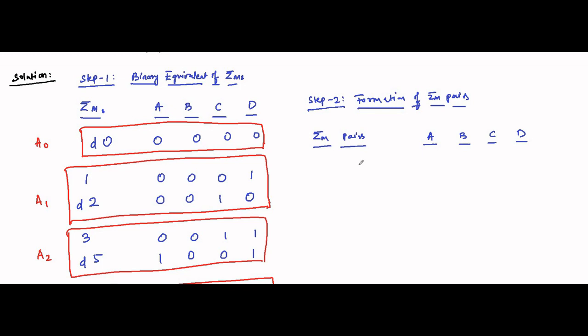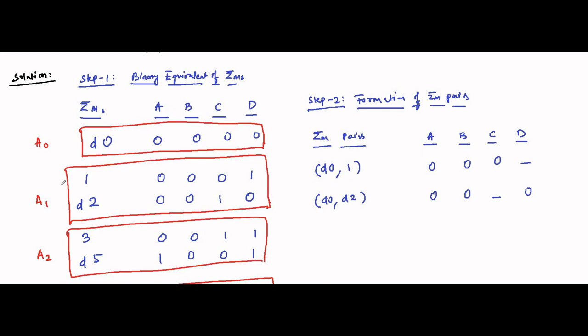Between A0 and A1 we have D0 1 with binary representation 0 0 0 dash, then D0 D2. Always be sure to mark the D before the don't care term so that you know they are in the don't care bracket. That is 0 0 dash 0. The differing bit position is replaced with a blank space, you remember that.